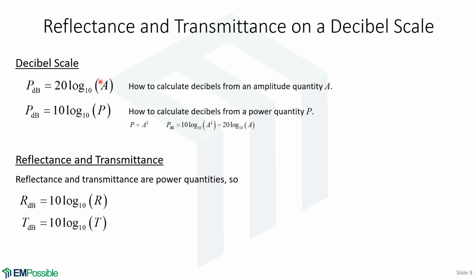That's because we want to square an amplitude quantity, and that square comes out and doubles the 10 to be a 20. So depending on whether we're calculating from an amplitude or a power quantity, we would multiply by 20 or 10. This is very easily confused. Reflectance and transmittance are power quantities, so we always use 10 log 10. Don't use 20 log 10 here.